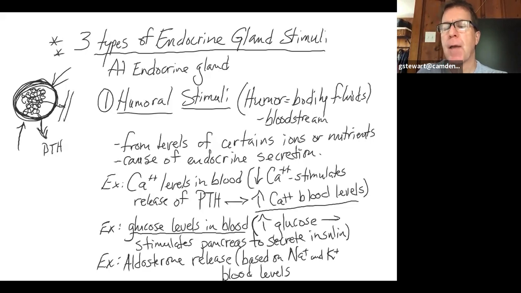So this first example of humoral stimuli just means levels of something in the blood can stimulate this endocrine gland or any endocrine gland to secrete a specific hormone. So that's number one. There's just three and then we're done.